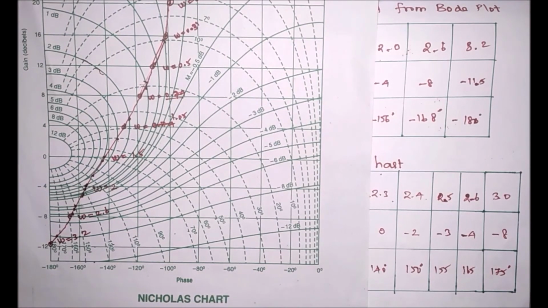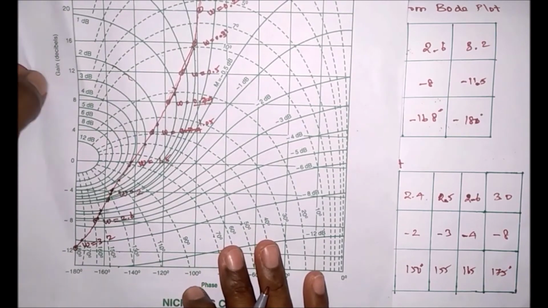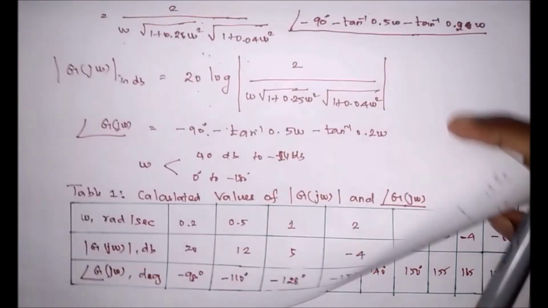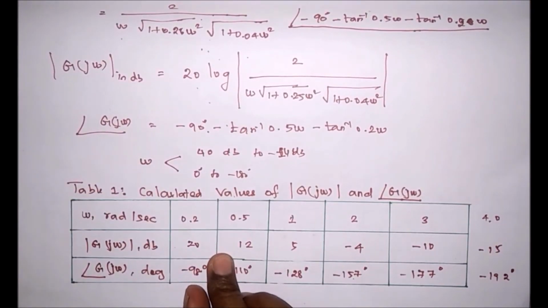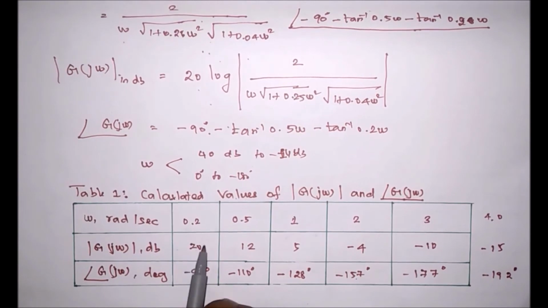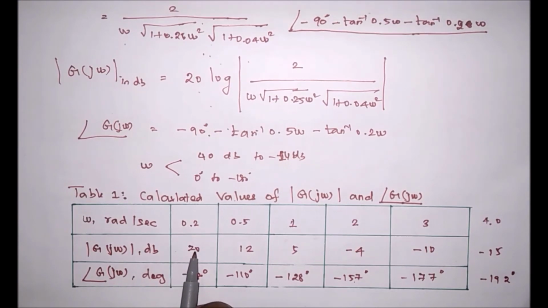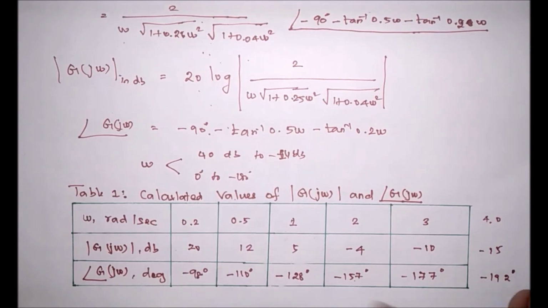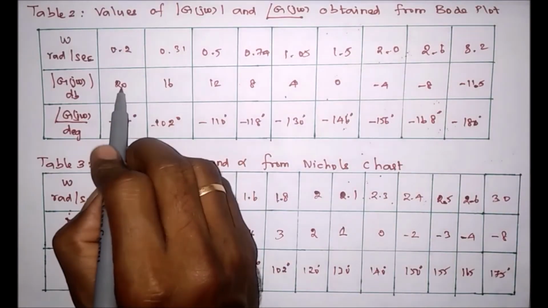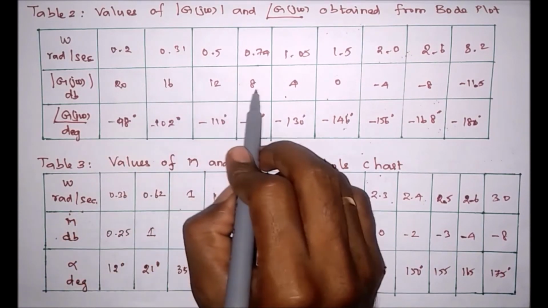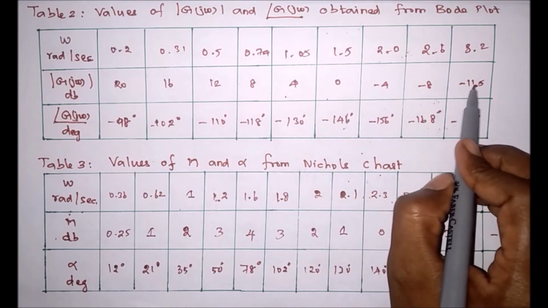So first, what we have done: from this tabulation we have taken the various values of omega and found the magnitude in decibel and the corresponding angle also. We have drawn these values into an ordinary Bode plot. From the plot we have taken the magnitude in 4 decibel gaps: 20, 16, 12, 8, 4, 0, minus 4, minus 8, minus 12.